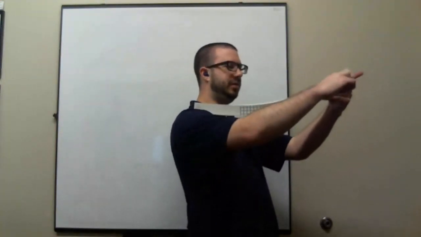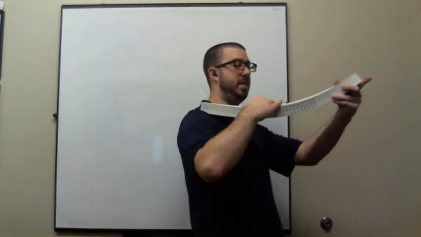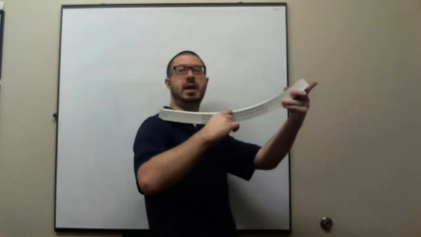So think, if this is kind of like the arc of a circle, where would the center of that arc be? Maybe somewhere way up here. And the radius of curvature would be however far it is from that center to the curve. That's what I mean by radius of curvature.